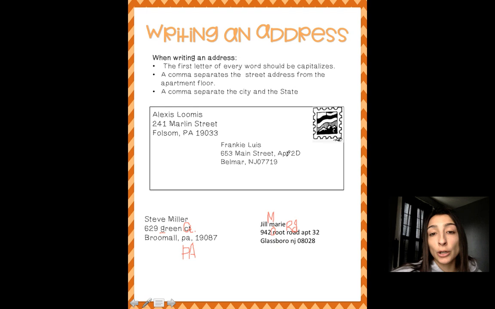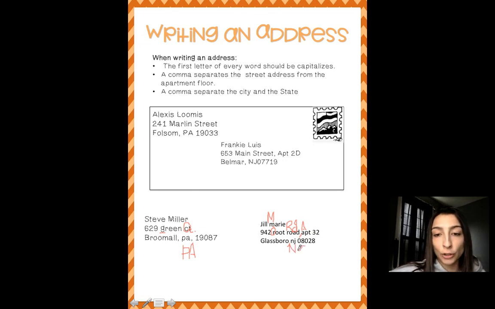We know that a comma goes after the road if there's an apartment, and we want to make the capital A for apartment. And then last line, we have Glassboro. We know that the comma needs to go after the town, and the state needs to also be capitalized.